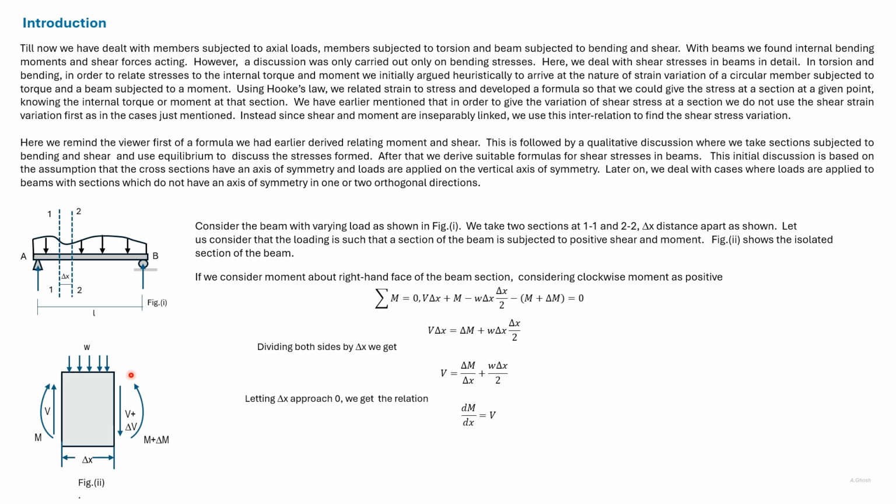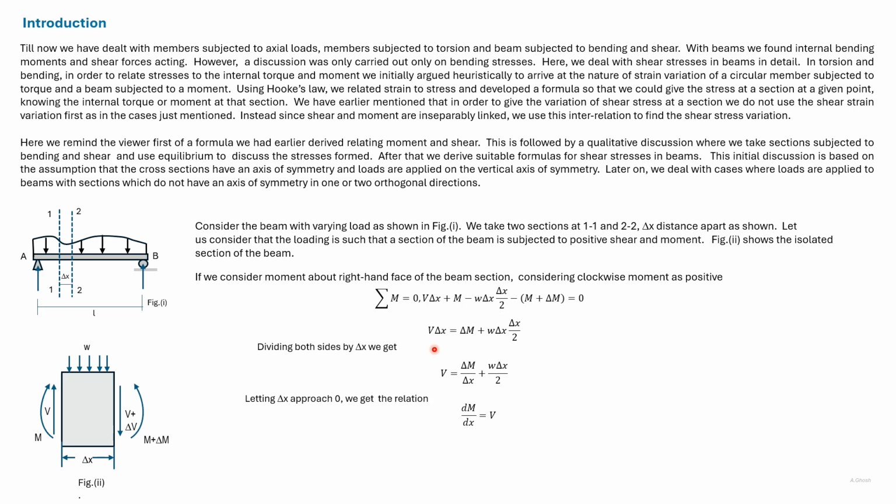Let us take a moment about this side of the section. There is a clockwise moment due to V del x and M. The anti-clockwise moment is W into del x by 2 and M plus del M. Here M cancels out and we get this relation.